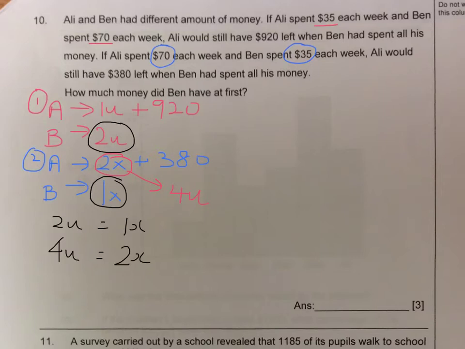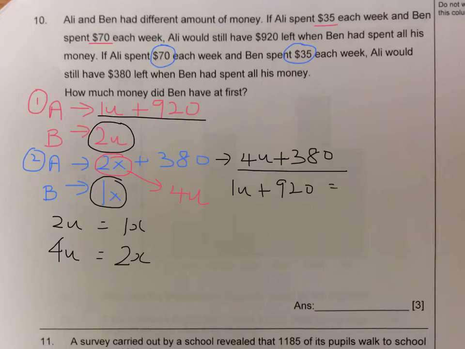So with that we will have 4 units plus $380. We know now Ali is 1 unit plus 920, and 4 units plus 380 is the same, so we can equate them together. So we have 1 unit plus 920 equals 4 units plus 380.